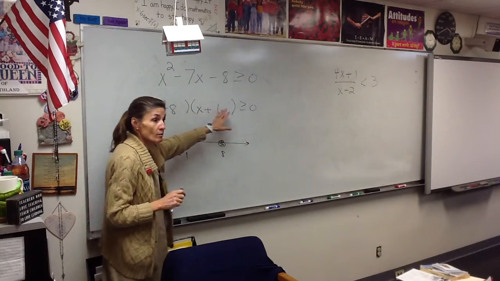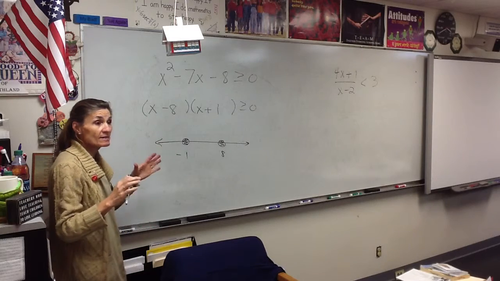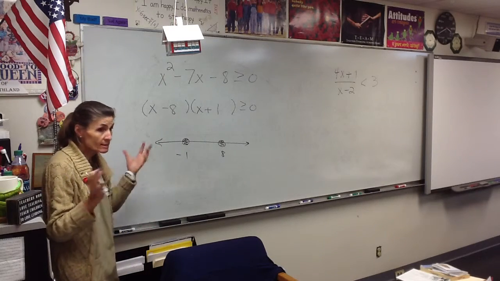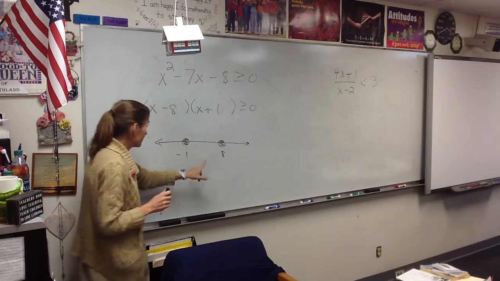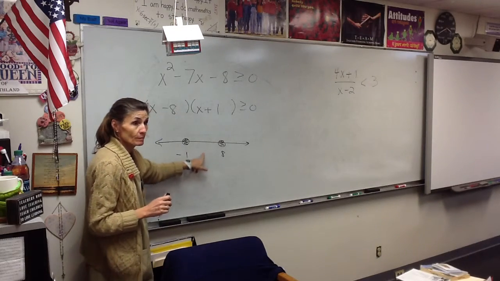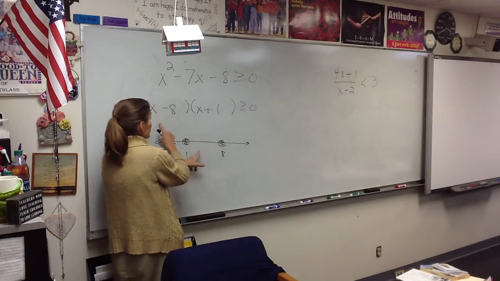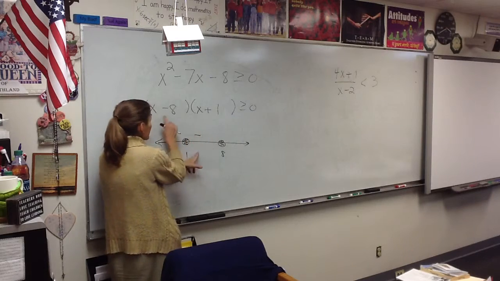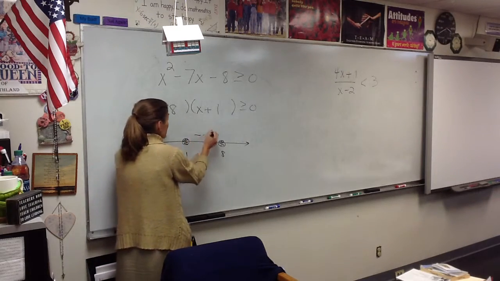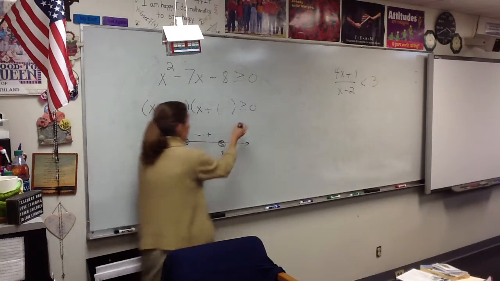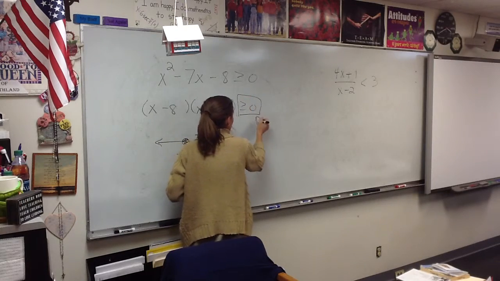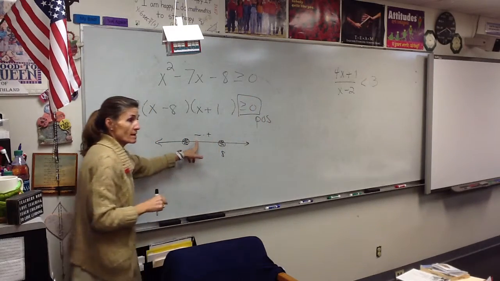Now, nothing's squared, right? So I'm going to test 0 and see if it works or not. 0 would be right in here, right? So let's put 0 in. 0 gives me a negative times the positive. What do I want? Does this do it for me?